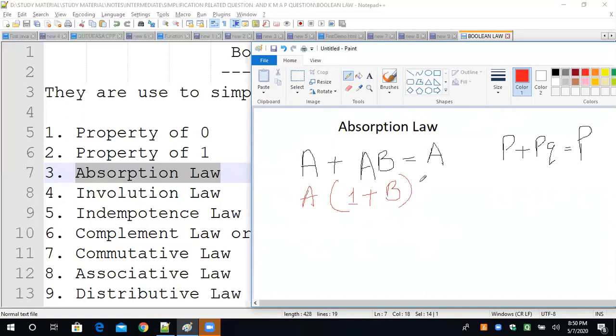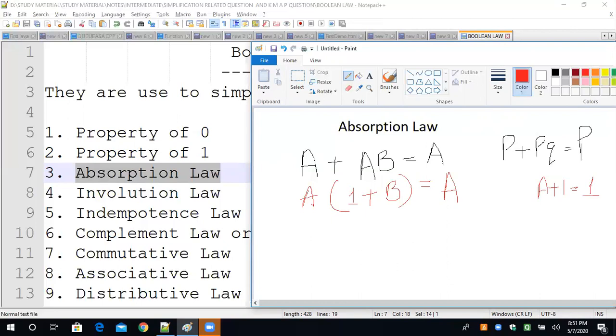Okay, and on the right hand side we have A, and we have to equate the left hand side to the right hand side. Now please remember the property of 1. 1 plus B, anything added with 1 will produce 1. Just before, we have seen A plus 1 is equal to 1.